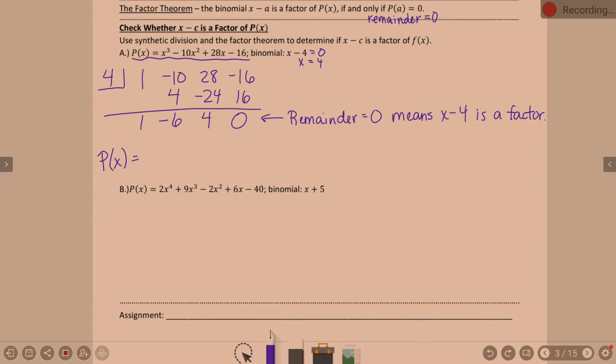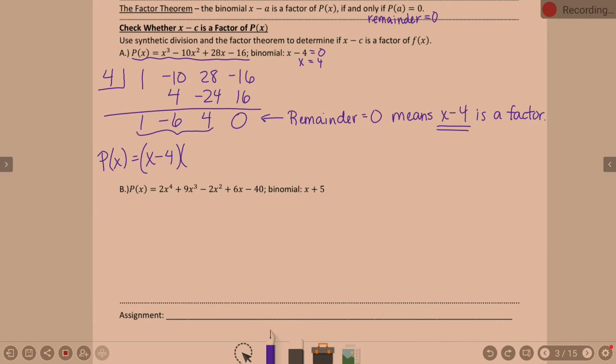So this is where synthetic division can be used to factor. What were we given originally? X minus 4. So x minus 4 is one of our factors. And that's what I put right here. That means x minus 4 is a factor. What's my other factor? X plus 4.